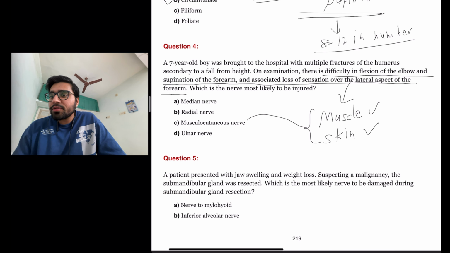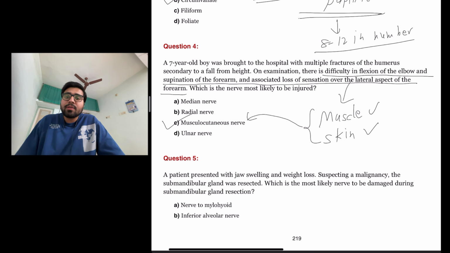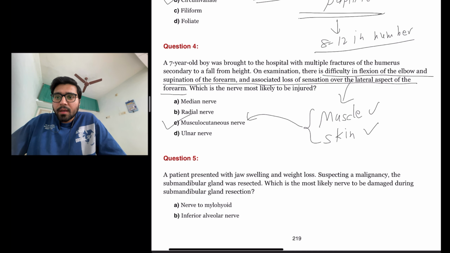So it is actually due to the involvement of the musculocutaneous nerve. That leads to the difficulty in flexion of the elbow and supination of the forearm as well as associated loss of sensation over the lateral aspect of the forearm. Okay, so the musculocutaneous nerve is the nerve that is responsible for this muscle and sensation defect.